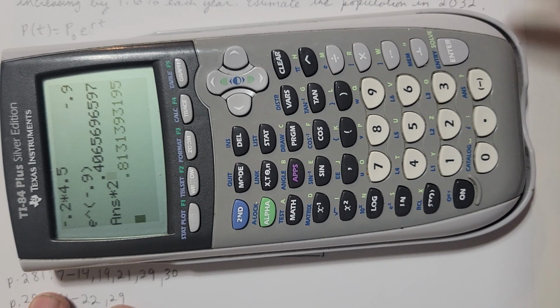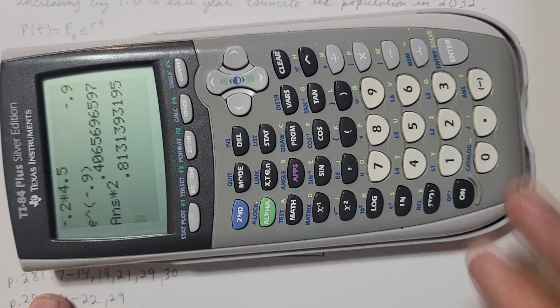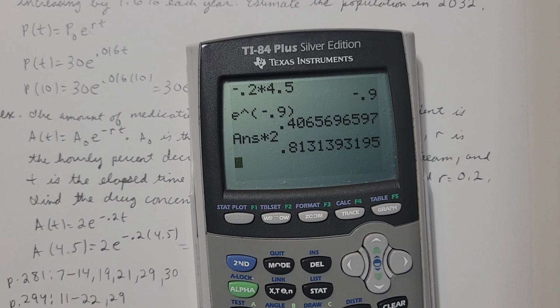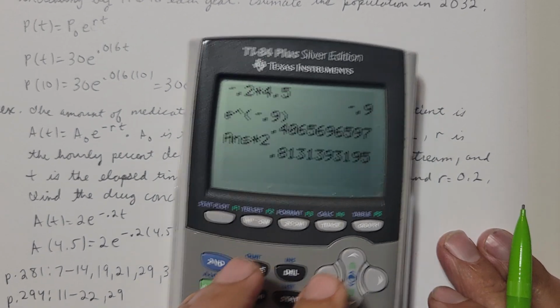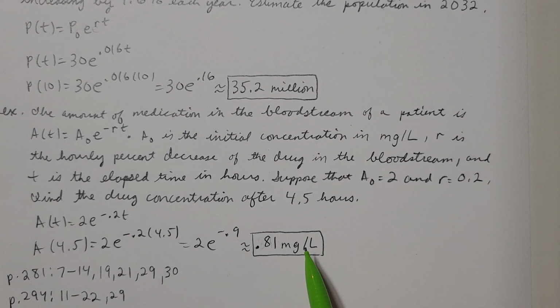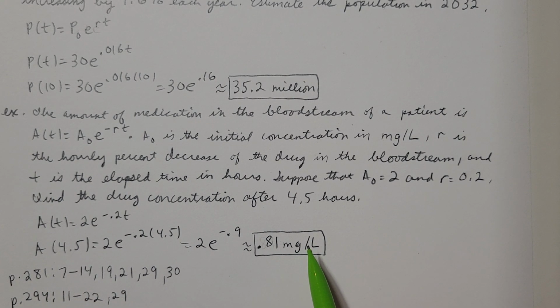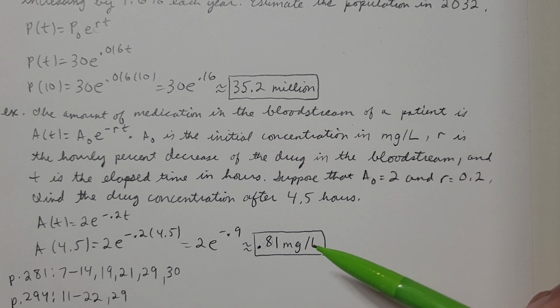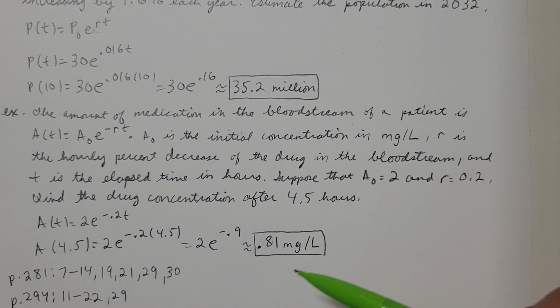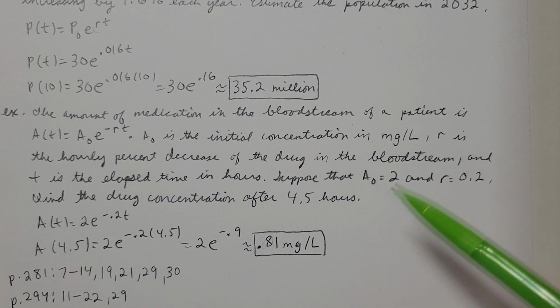And then times 2 means I get that. Okay, so I'm getting roughly about 0.81 milligrams per liter of this stuff is left after 4.5 hours. So initially, I have 2 milligrams per liter, and after 4.5 hours have gone by, now I'm only down to 0.81 milligrams per liter. And as time goes on, there's going to be less and less in the bloodstream. Okay?